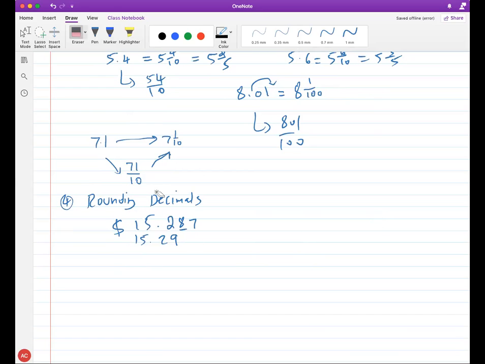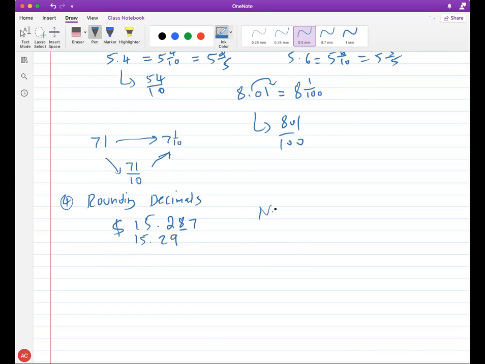So we want to get rid of some numbers, but we want to round that number to the nearest place value. And the place value here is the hundredths, but usually the question will tell you what to do. Round to the nearest this or that.